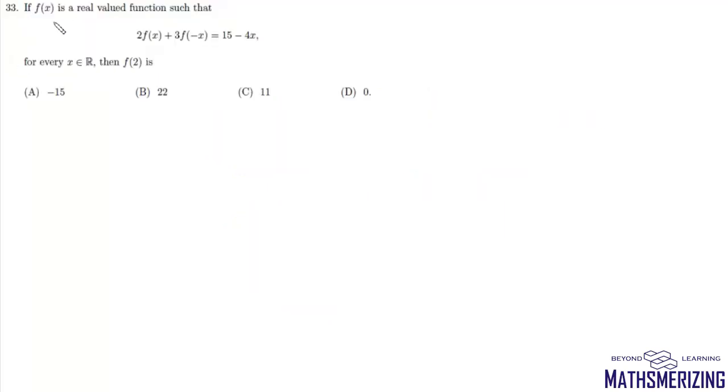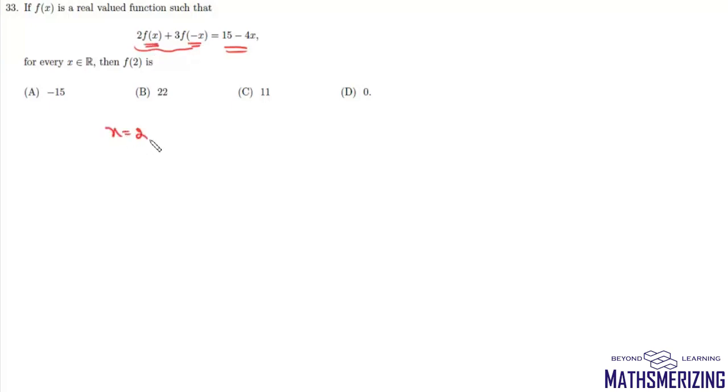Now question number 33 is, if f(x) is a real valued function such that 2f(x) plus 3f(minus x) is equal to 15 minus 4x for every x belongs to R, then f(2) is. Now basically this equation is a linear equation in f(x) and f(minus x).